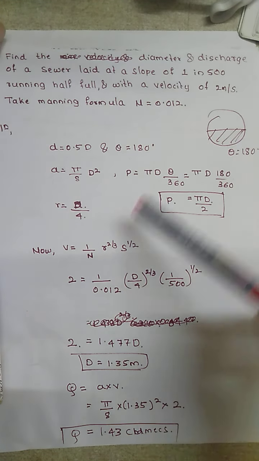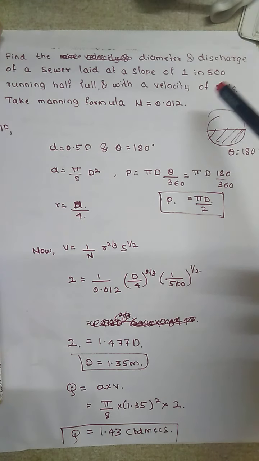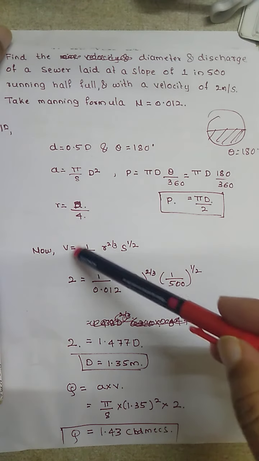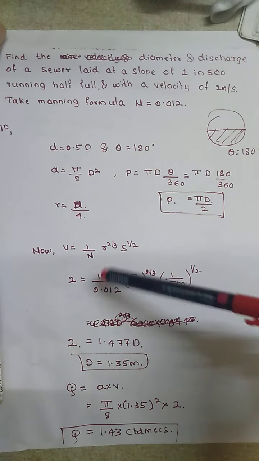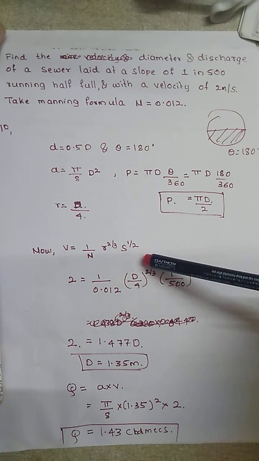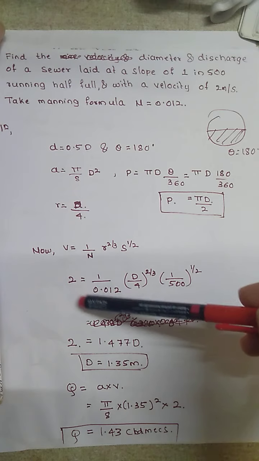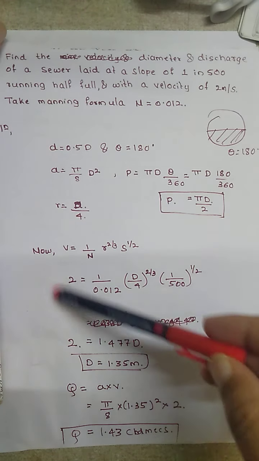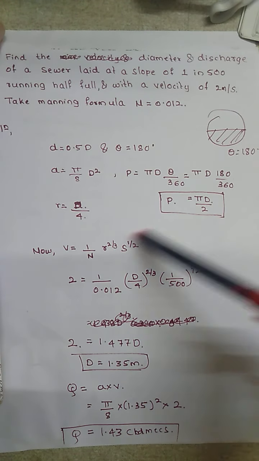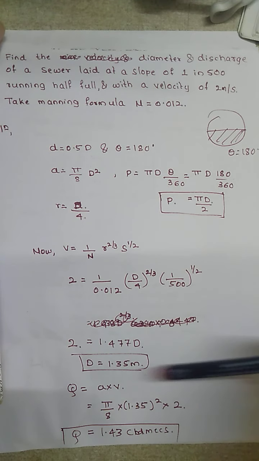So in this problem, what you need to determine is the diameter, right? First you need to determine the diameter and the discharge. Here in this Manning's formula, you know n, you know s, but you don't know the value of diameter D, and also the V is given. Just simply filling in all these values, you are going to get the diameter D value.